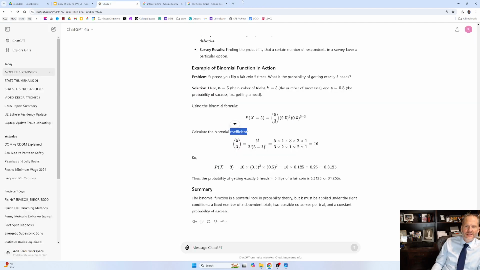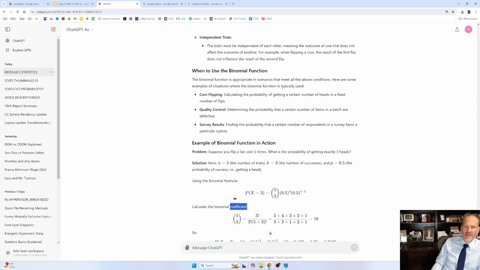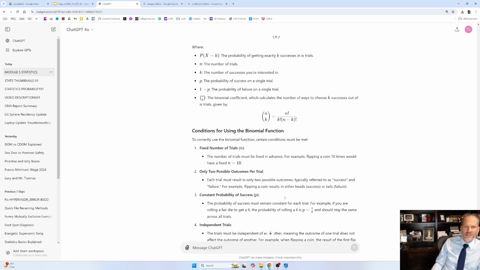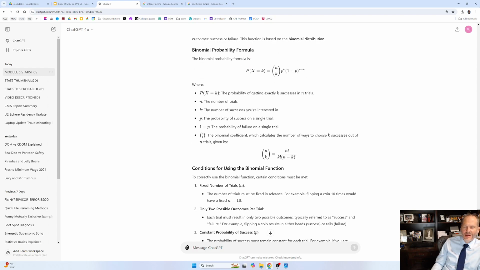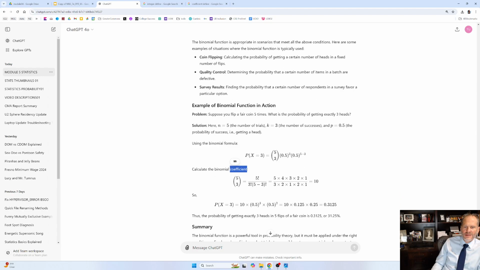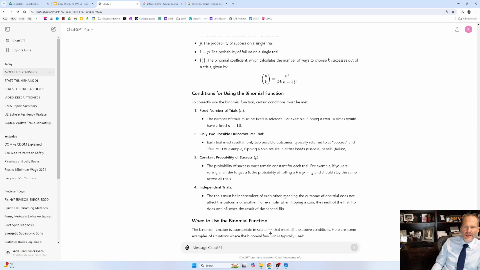So that's cool. So just like we got the point slope formula, y equals mx plus b, now we have this binomial function. And again, we could calculate probability in situations where it could apply.